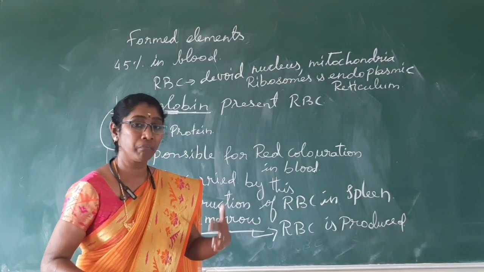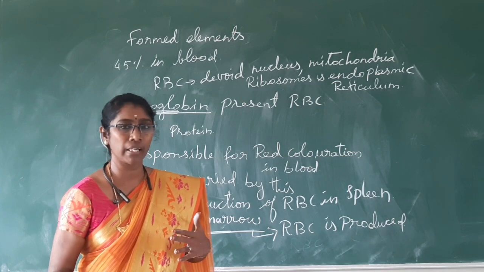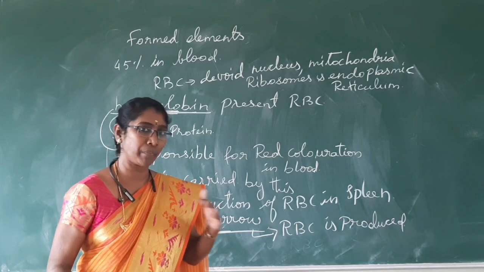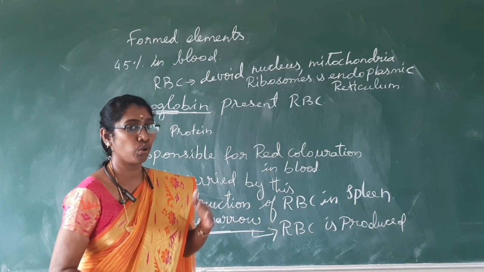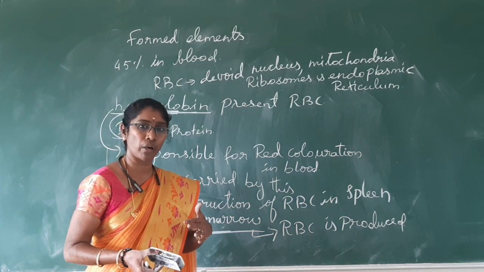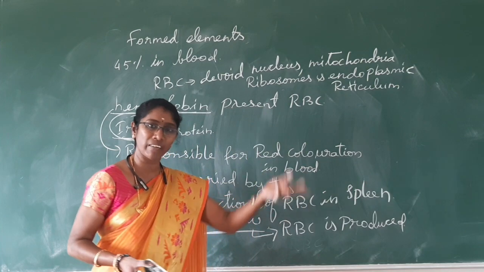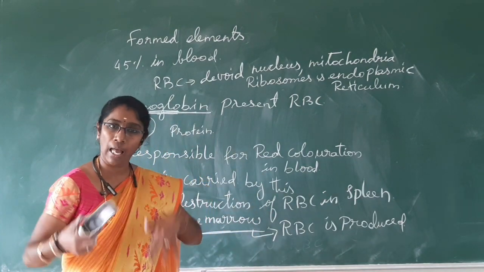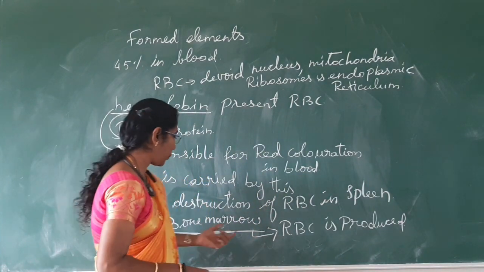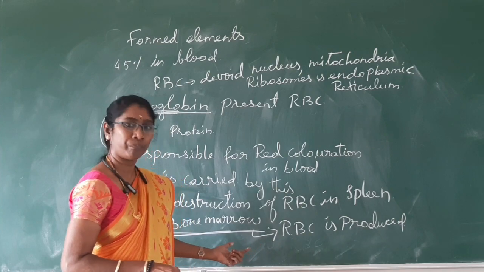So per day millions of RBCs die and millions of RBCs are produced. Where is this RBC destroyed? In the spleen, so it is called the graveyard of RBC. And where is RBC produced? RBC is produced in the bone marrow. Clear?